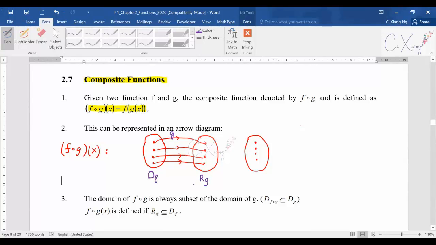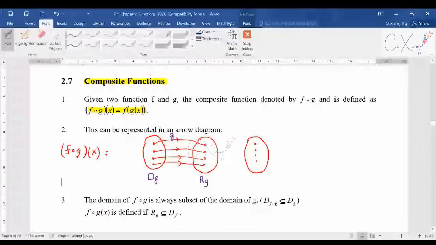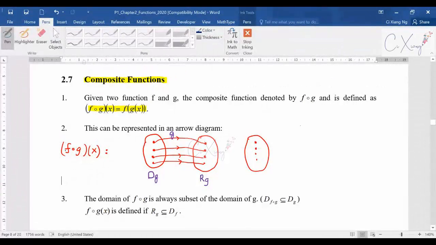Agree? Next, after I send the x through the function g, it is followed by the other function f. From here, I send my value again through another function, and we call it function f. So I label this as f.